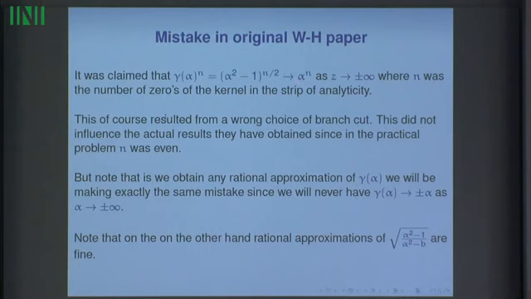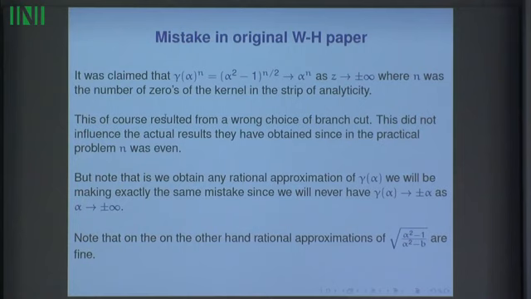And this is the claim that Wiener and Hopf made in their original paper. And one of the lemmas, they started the lemma by saying, well, since this function tends to that, we can do this and that. And of course, this is only true for n being even, and it doesn't matter from a point of view of applications, because as David introduced it last week, they had an even number of poles.